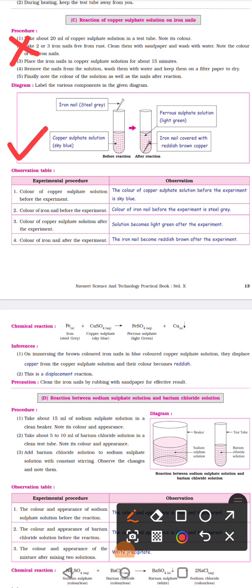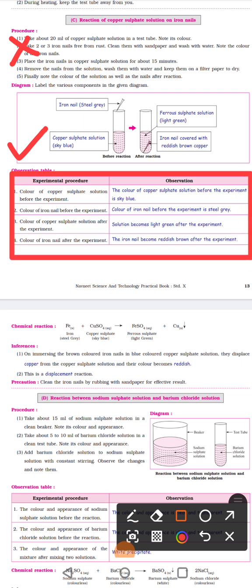A diagram with labels is compulsory. The observation table is compulsory. Then the chemical reaction is compulsory, and the inference. The examiner may ask which kind of reaction. It is a displacement reaction. The color of the iron nail before the experiment is gray, and after the experiment it turns green. You have to consider all these points. There is no need to write the precaution.